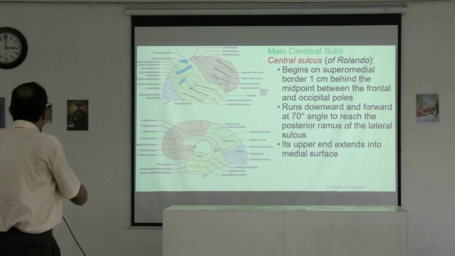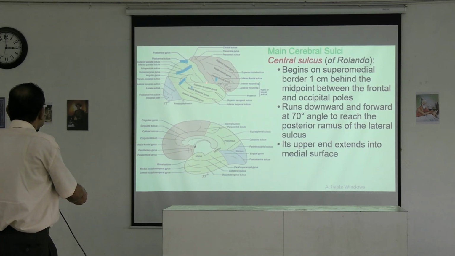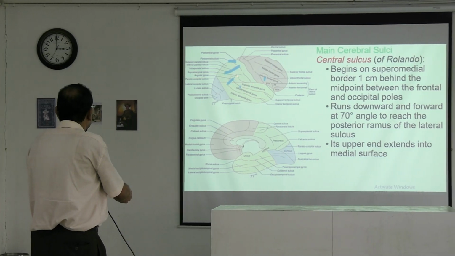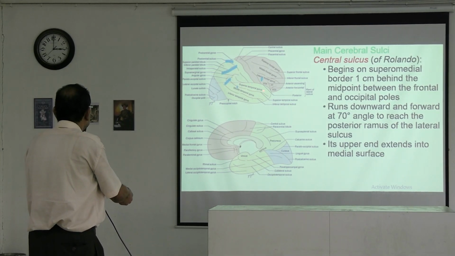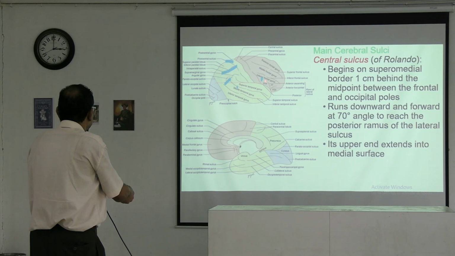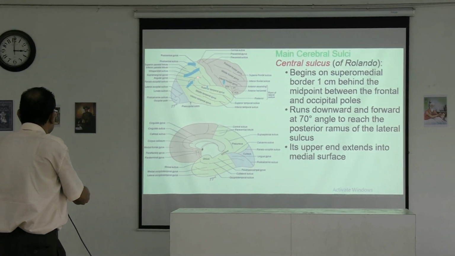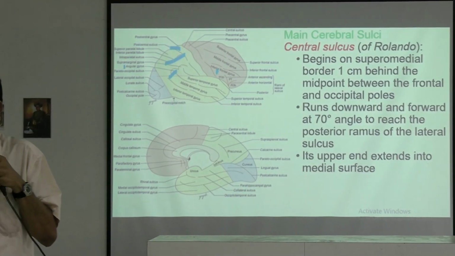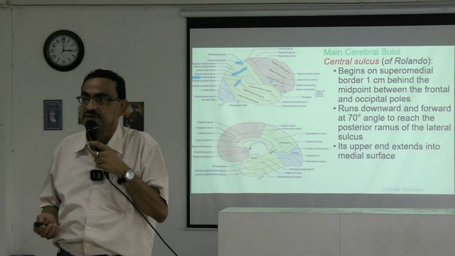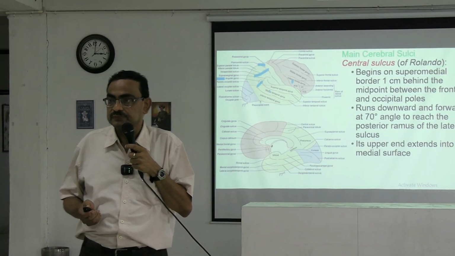Here in the parietal lobe, the posterior limb of the lateral sulcus enters into the parietal lobe. This is demarcating the frontal and temporal lobes. Then it is going up. It is the upturned end of the posterior limb of the lateral sulcus. It enters, and we get one gyrus, which is called the supramarginal gyrus. This is area 40.